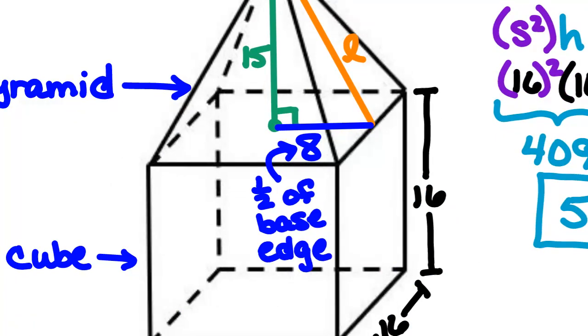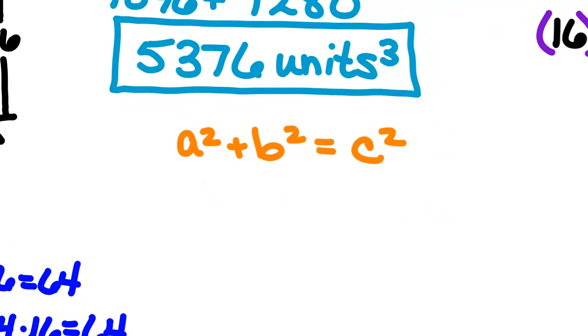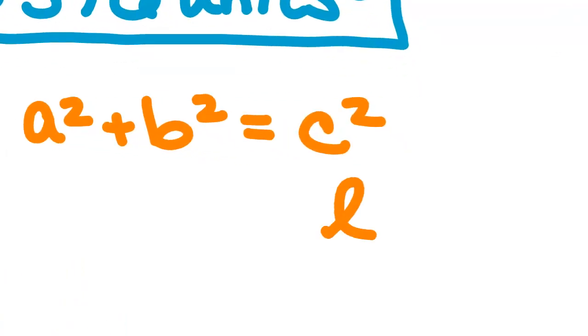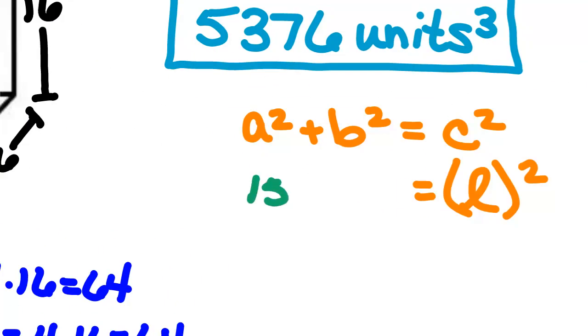Do I have enough now that I can use Pythagorean theorem to find that slant height? Yes, awesome. So Pythagorean theorem here, a squared plus b squared equals c squared. What goes in for c? Slant height. So slant height squared goes in for c. What goes in for a and b? 15 and 8, yes. Thank you. So 15 in for one of them, 8 in for the other.